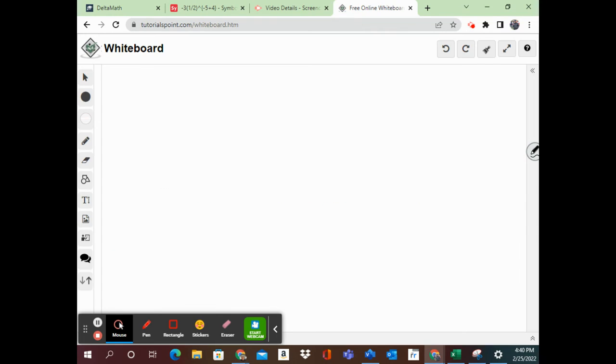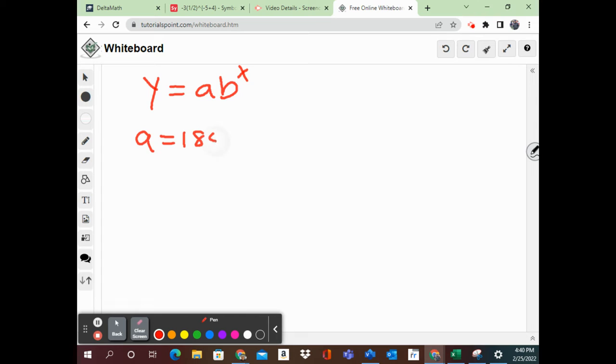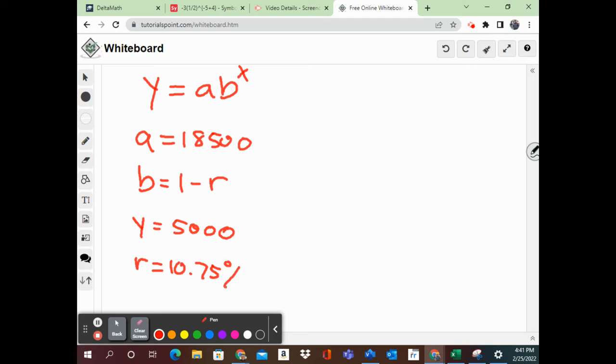All right, so let's use another screen that's going to give us a little bit more freedom to work with here. So we've got y is equal to a b to the x. A is 18,500. B is equal to 1 minus r. Y is equal to 5,000. R is equal to 10.75%.